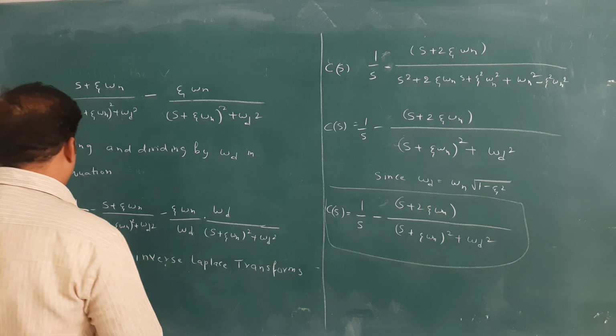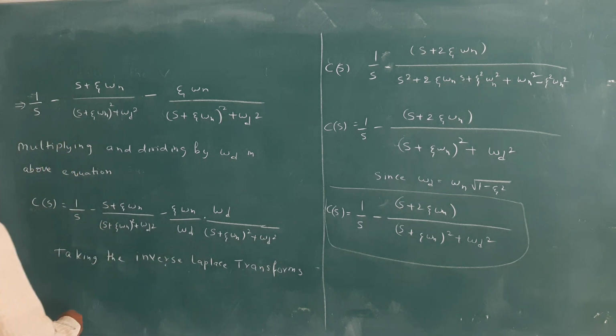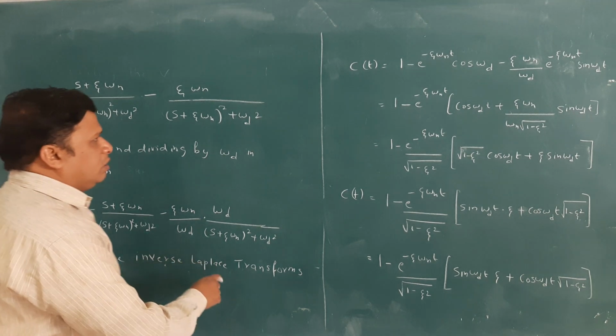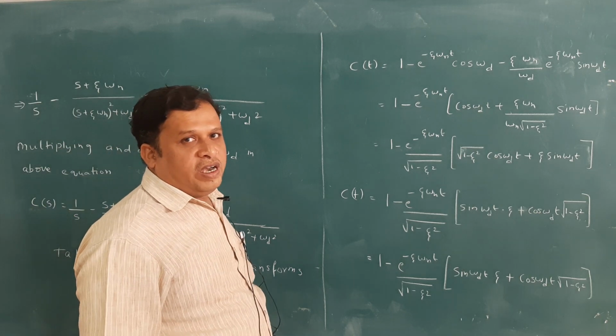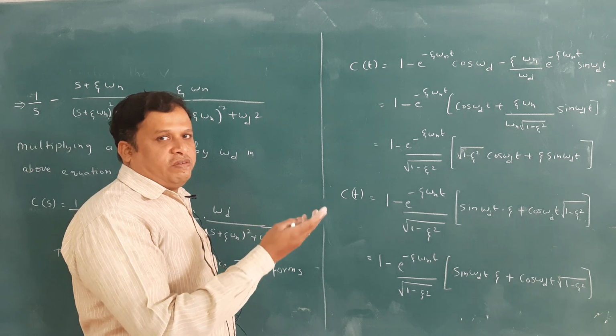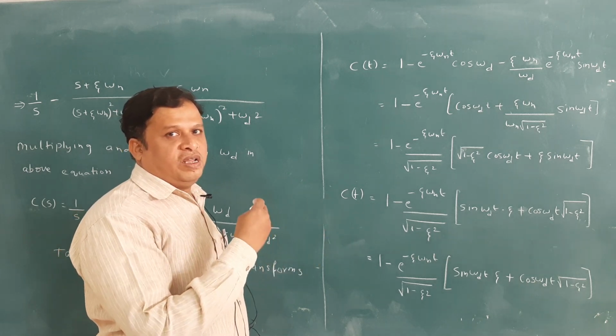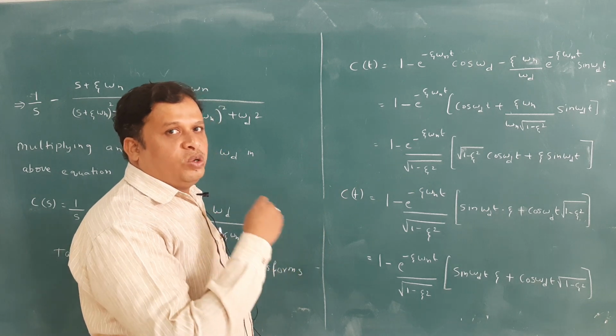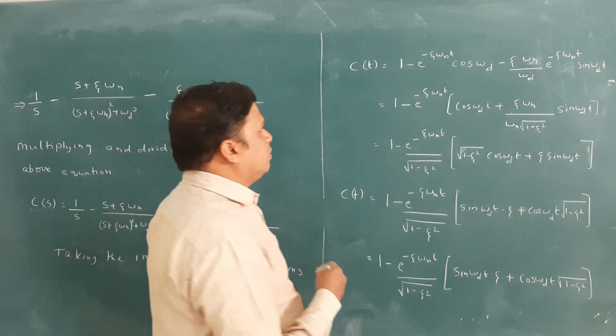The same thing we are applying, taking the inverse Laplace transform. As you have seen already, in the beginning of the class, how F of t is converted to F of s and how F of s is converted to F of t. F of s to F of t is called the inverse Laplace transform, F of t to F of s is called the Laplace transform conversion.